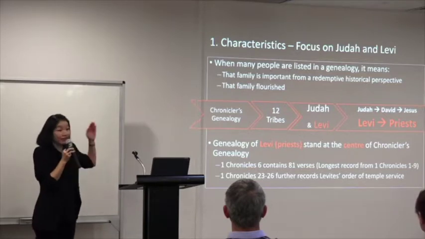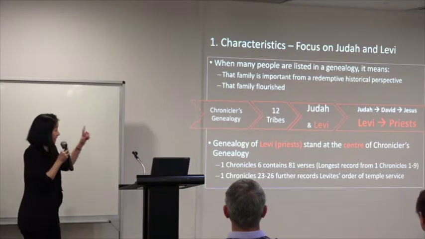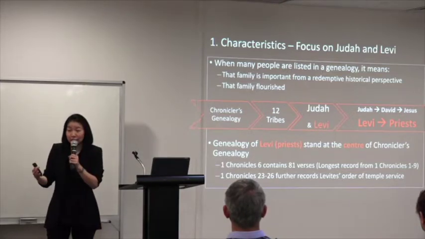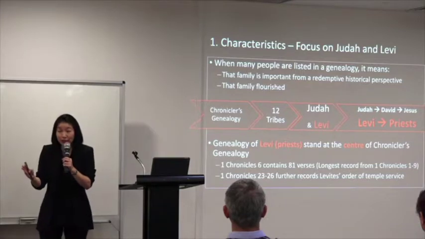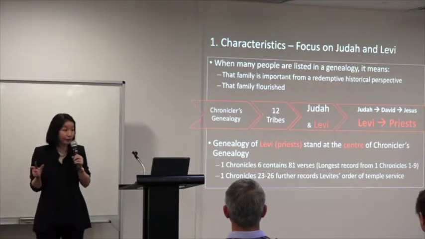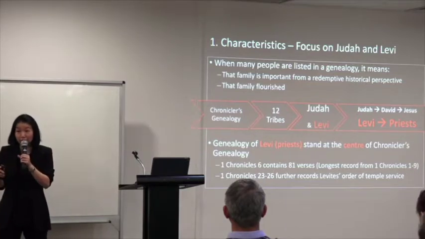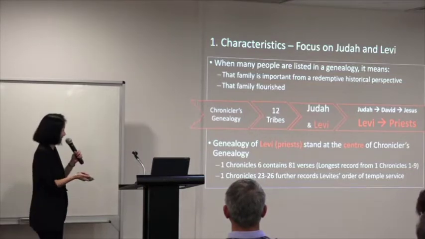And they are the key center crux of this entire genealogy. So we can say the genealogy of the Levites, which is the priest, and especially the high priest, that's at the center of the Chronicles genealogy, which you will study in the next lesson.